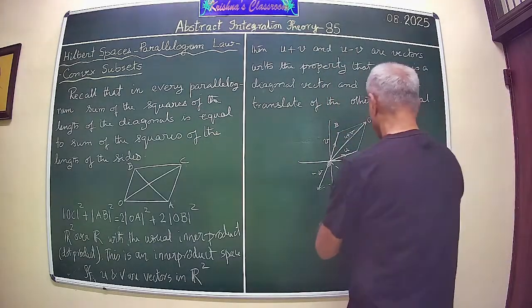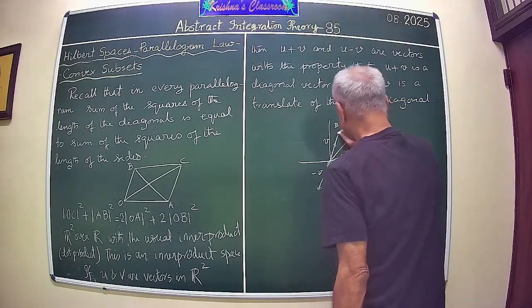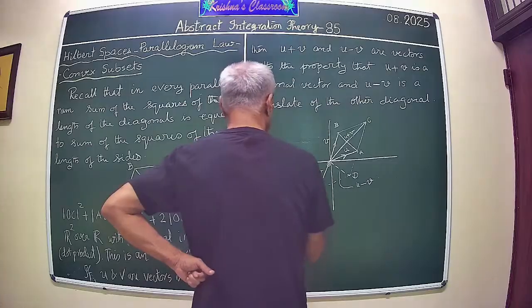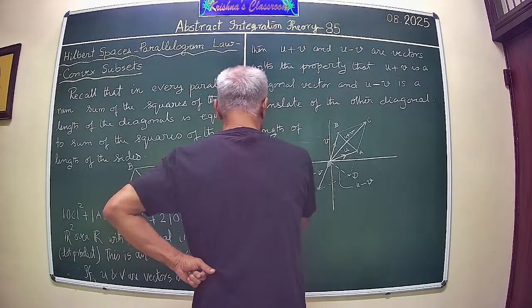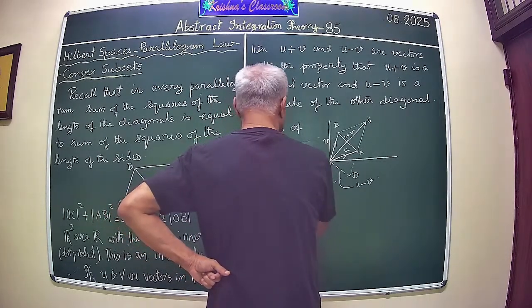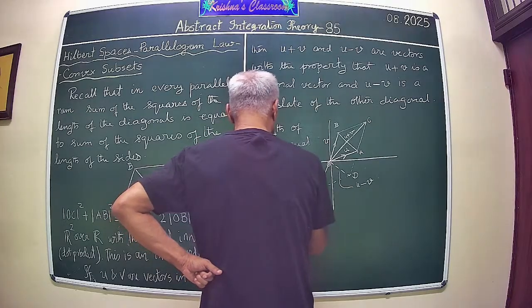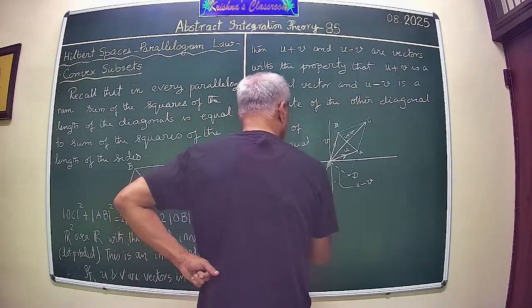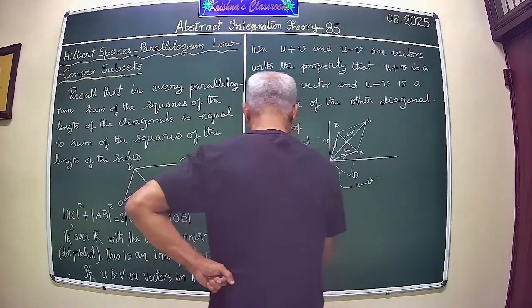Now you see that the length of OD is equal to the length of the diagonal AB of the parallelogram.